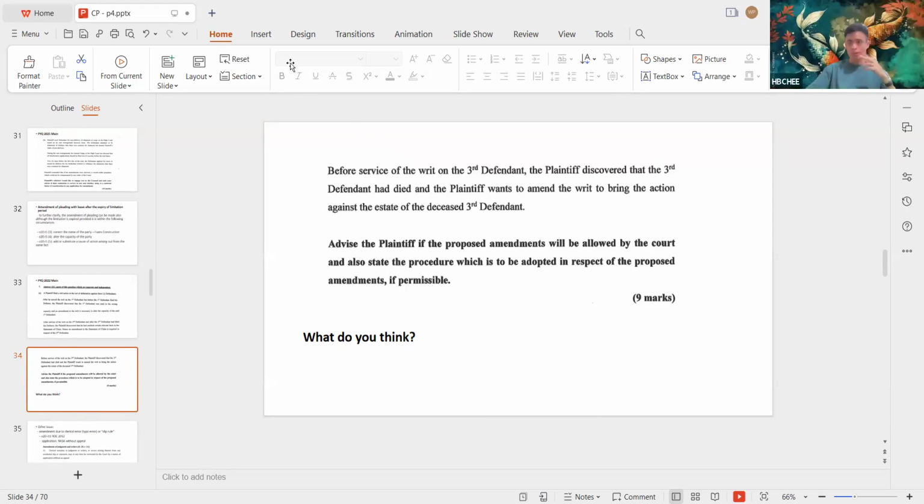Now you see the question is generally talking about the amendment for 3 parts, so it allocates 9 marks. So for this question, you can structure your answer by subheadings without introduction, because the first part is amendment.